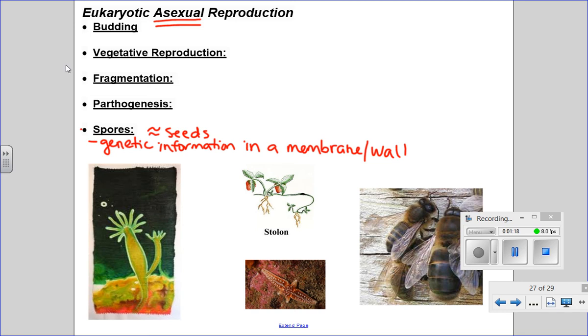If I was to try to decide what would be a good representation of an organism that produces spores, a mushroom would be my example. So if you were to look at a mushroom, which I'm going to attempt to draw, it's going to be beautiful. Underneath the cap of the mushroom, there's these little things that can fall out. Those are the spores of the mushroom.